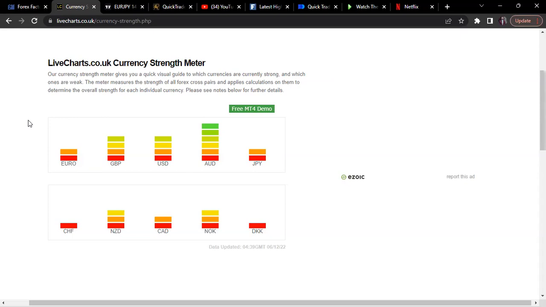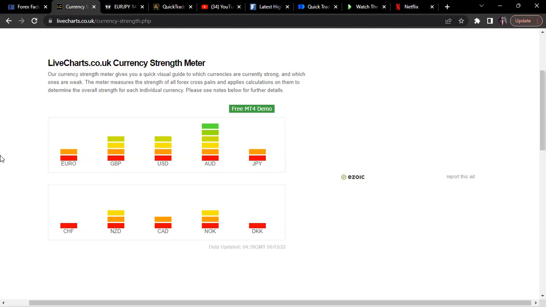And then the second currency is your quote currency. Now, whenever the first currency, ladies and gentlemen, is stronger than the second currency, all right? Let me repeat that. Whenever the first currency is stronger than the second currency, that is an indication of an uptrend. That is an indication of an upward momentum, an upward movement, all right?